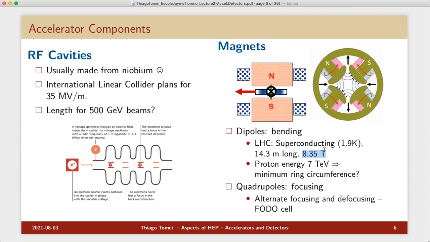And this immediately brings us to the problem of how to get these kinds of fields. The answer is superconducting electromagnets. So in the LHC, we have these dipoles which are 14 meters long, which are superconducting. So they are kept at 1.9 Kelvin. How do we get this temperature?